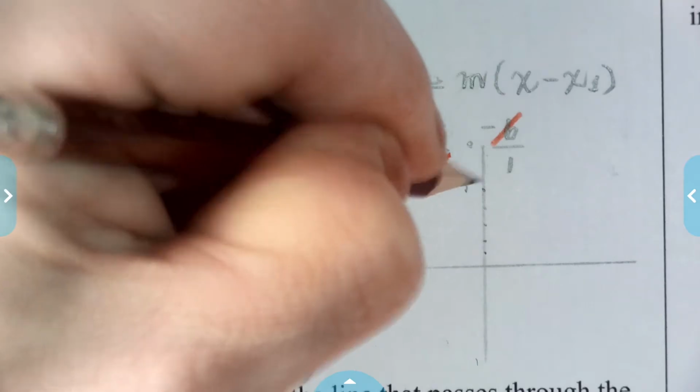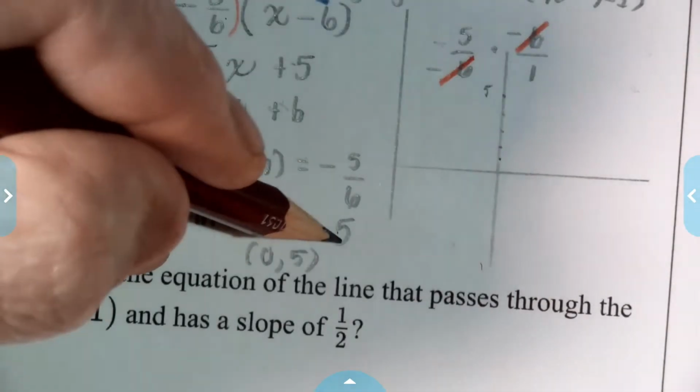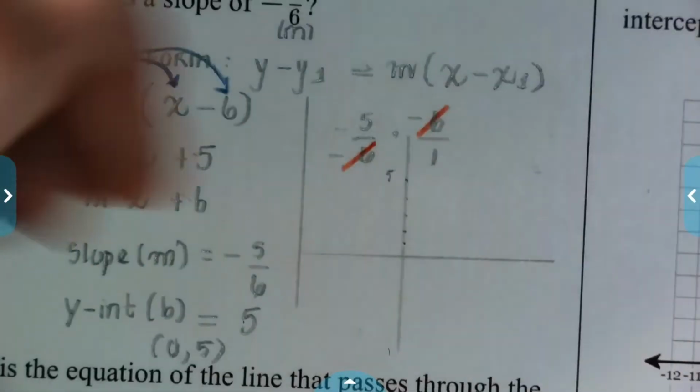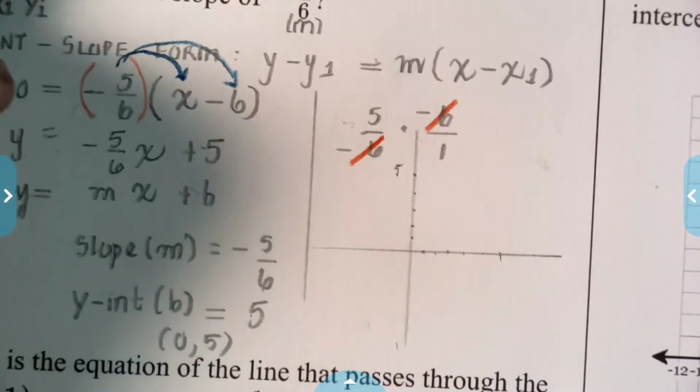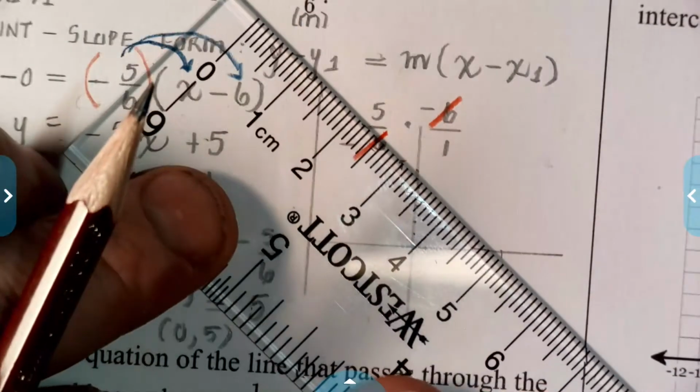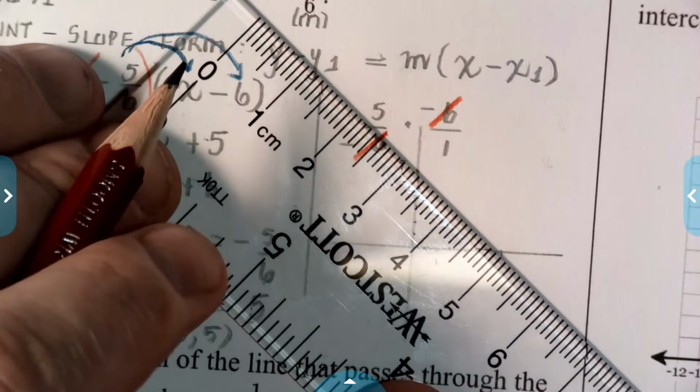There's 5. And then my slope is down 5, 6 to the right. So 1, 2, 3, 4, 5, 6. Okay, so something like this is what the line would look like.